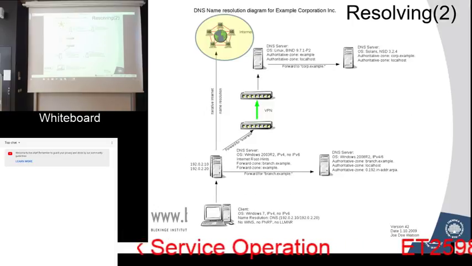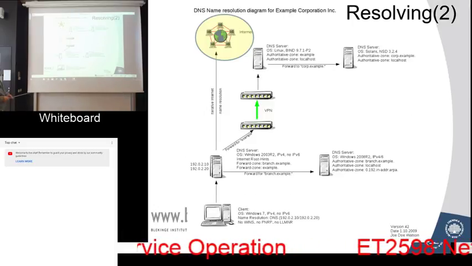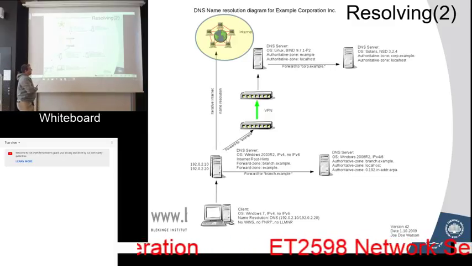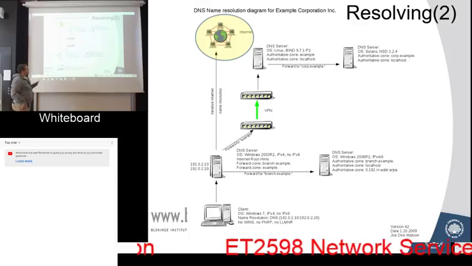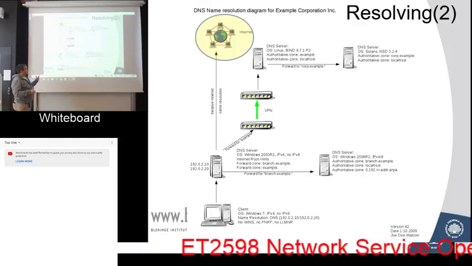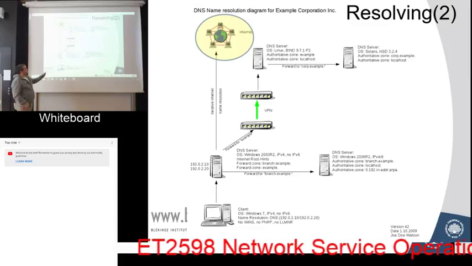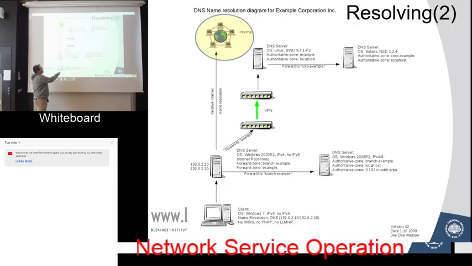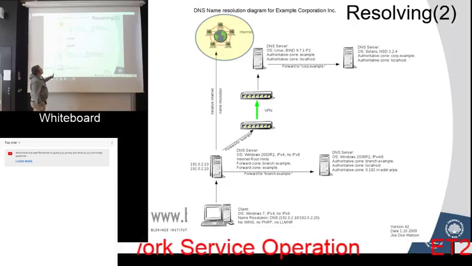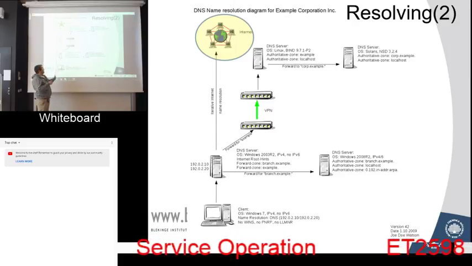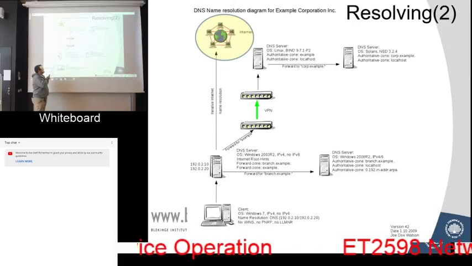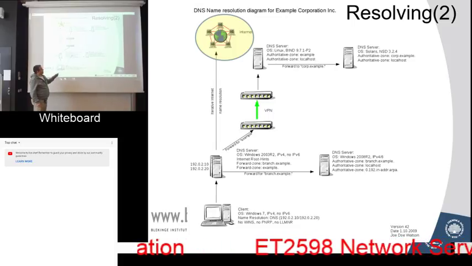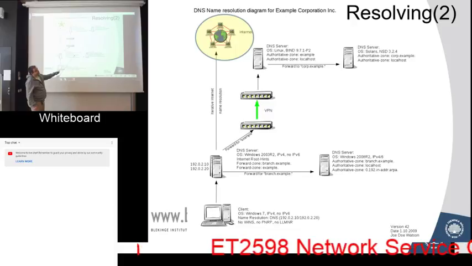Okay. So in the case that this entity asks for something that is not branch example or example, it will go up here to the internet, because this guy here can handle example and branch.